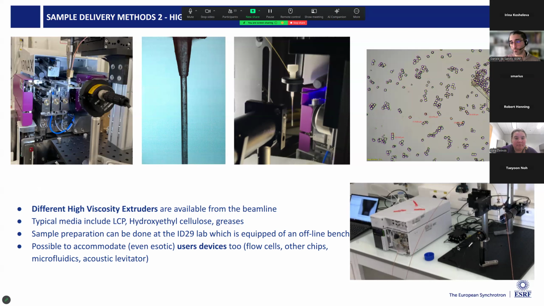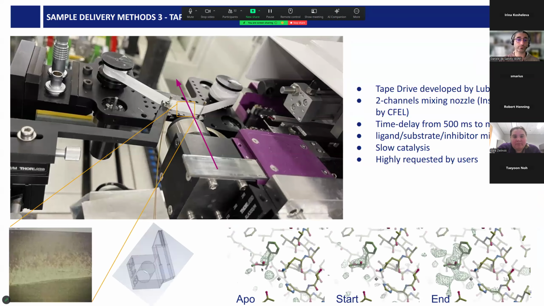On the B line in the lab, we also have an offline batch which can be used to pre-characterize the flowing of the sample. But again, we have a very generic frame for support, and we can accommodate different kinds of devices. We have done a recent experiment with Cara with their device, and also some experiments with Takashi Tomizaki from PSI using the acoustic levitator.